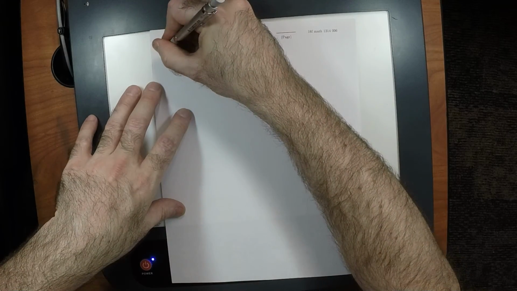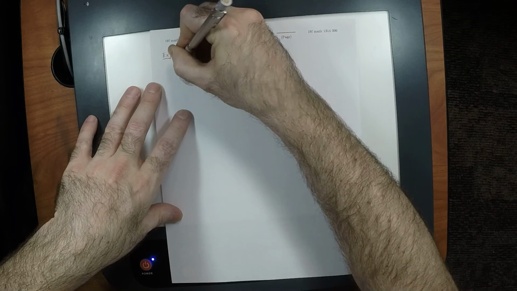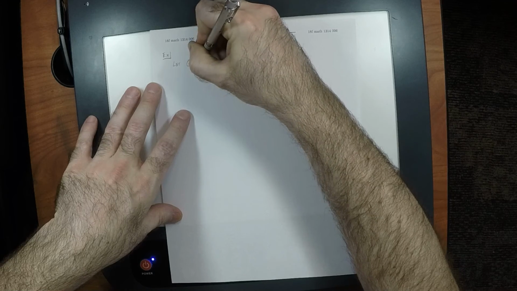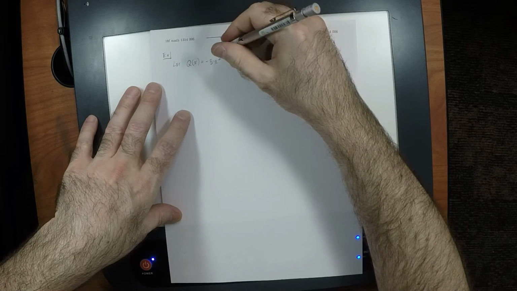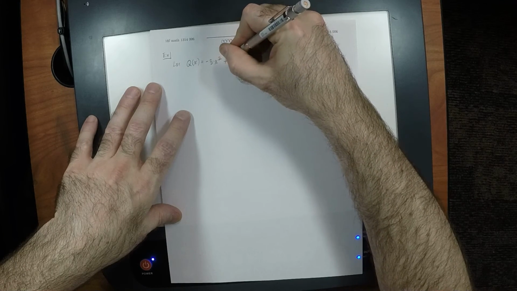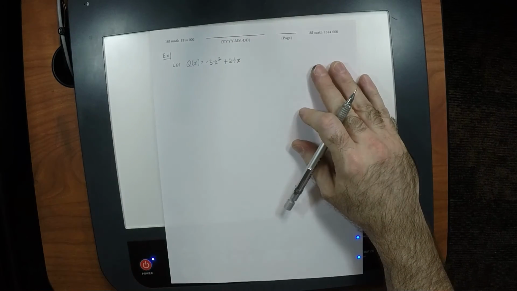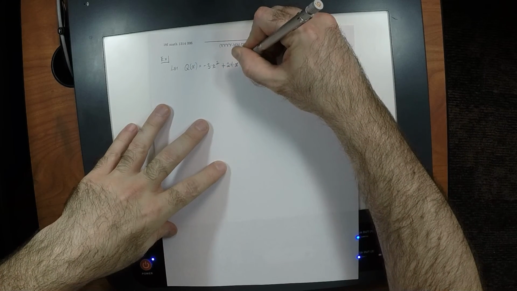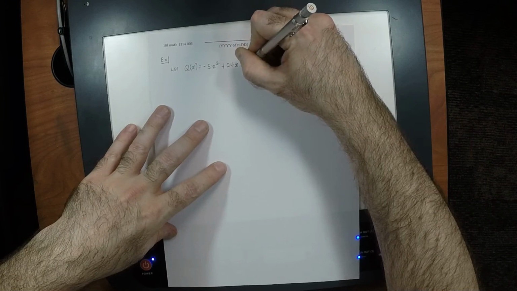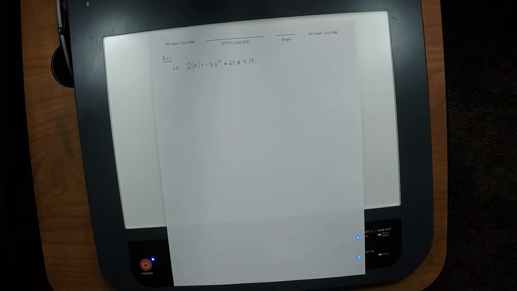So for example, I could say let q of x be -3x squared, and then I don't know, plus 24x and then plus, I don't know, 11. Sounds good. So this quadratic that I gave you, which form is it in?